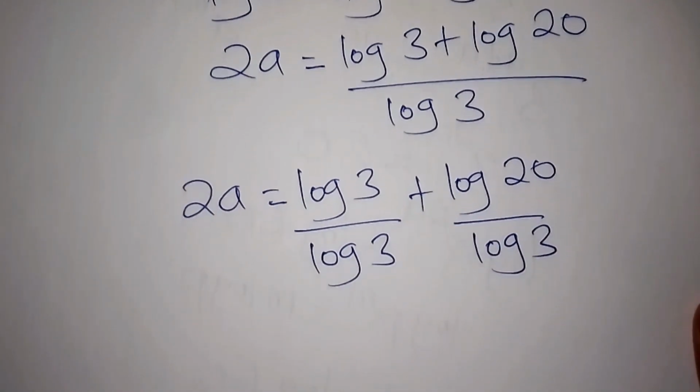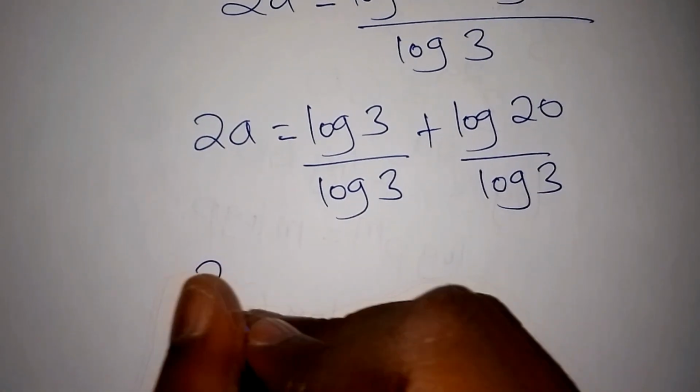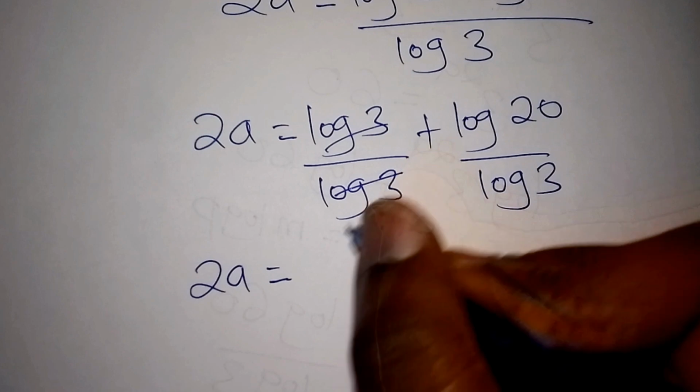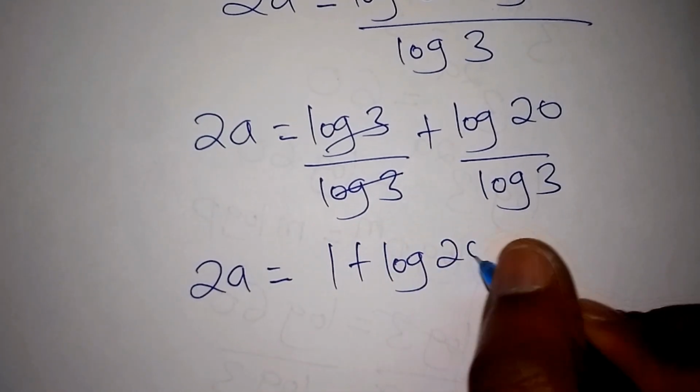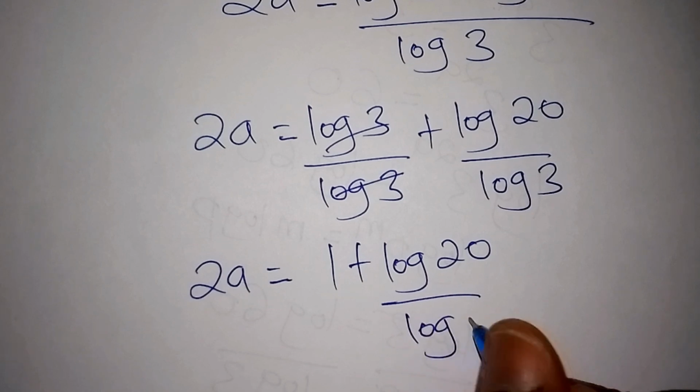Let's now divide both sides by the log of 3. So 2a equals the log of 3 all over the log of 3, plus the log of 20 all over the log of 3. The log of 3 and log of 3 shall cancel. So now we shall have 1 plus the log of 20 all over the log of 3.